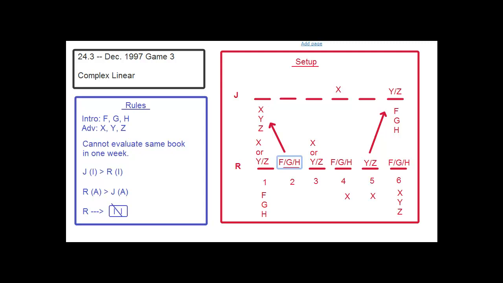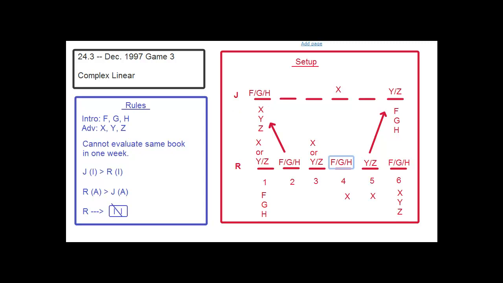So if Rosenberg does this introductory textbook second, then Juarez is going to have to do that introductory textbook first. So this would be an F, G, or an H. And in fact, like I said for this spot, it's not just that we know that it's an F, G, or an H, but we know in particular that it's going to be exactly whichever one this was. And there's actually some more thinking we can do on this.